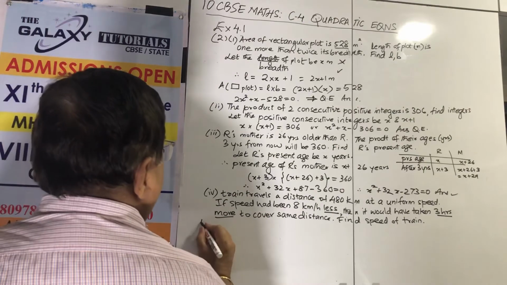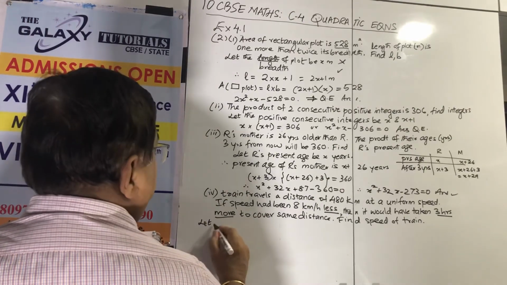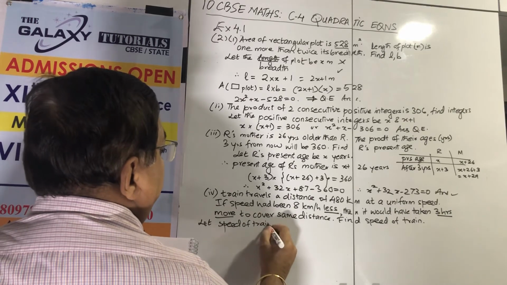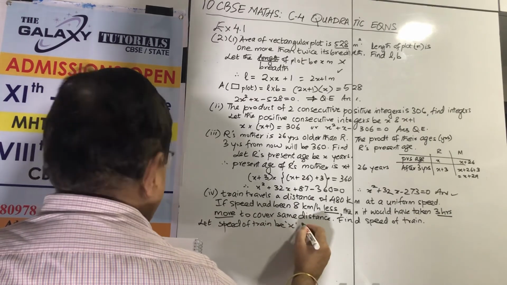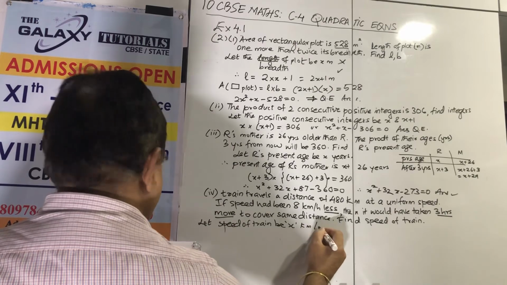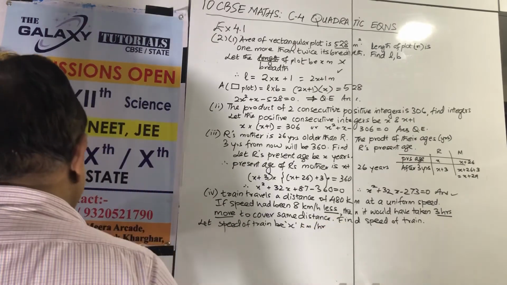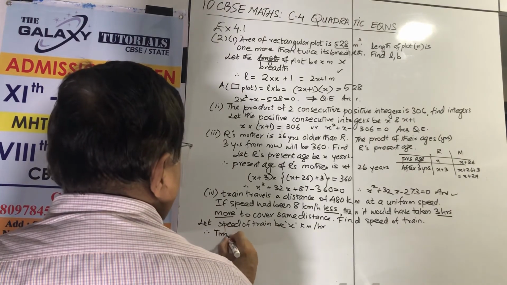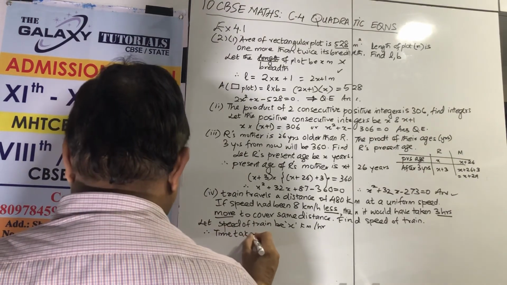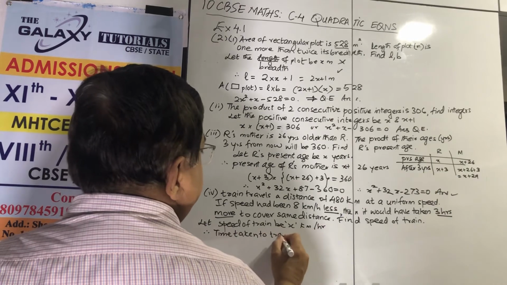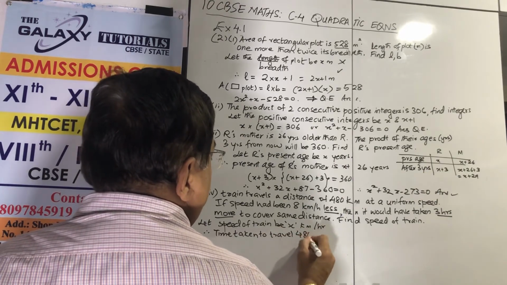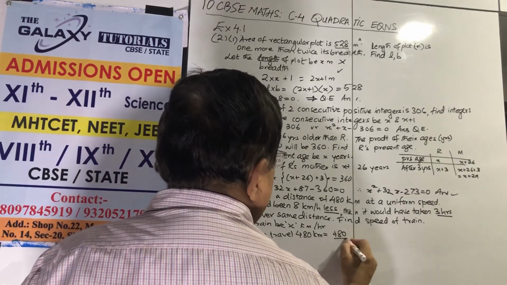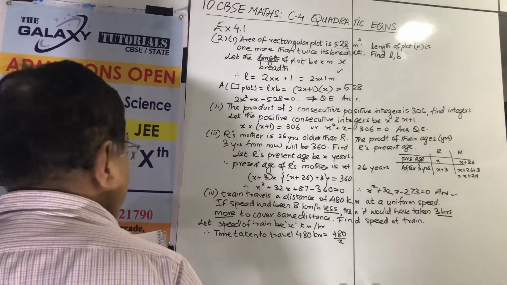First, let the speed of the train be x kilometer per hour. Therefore, time taken to travel 480 kilometers is 480 by x hours.